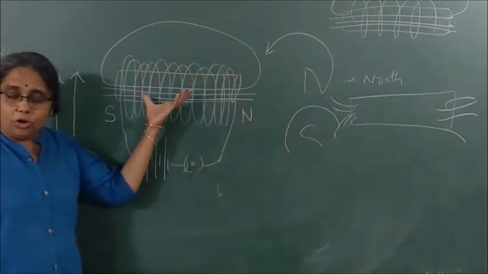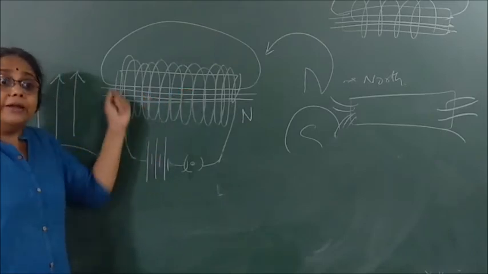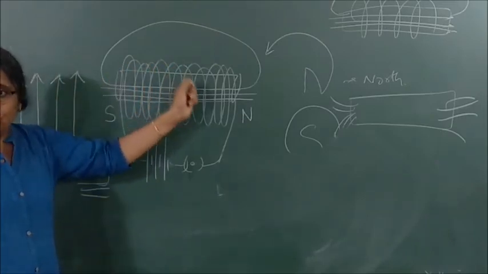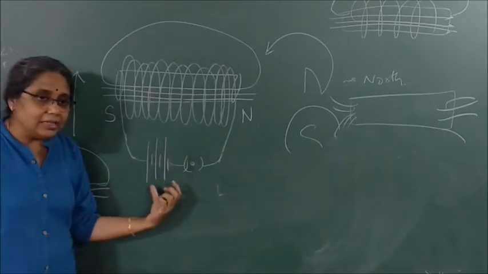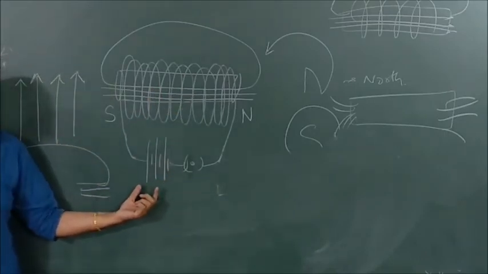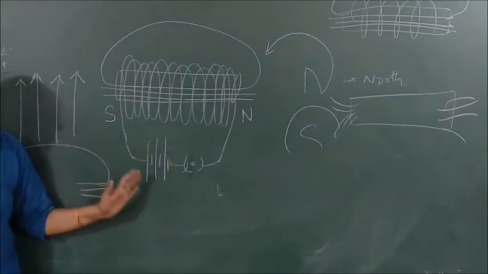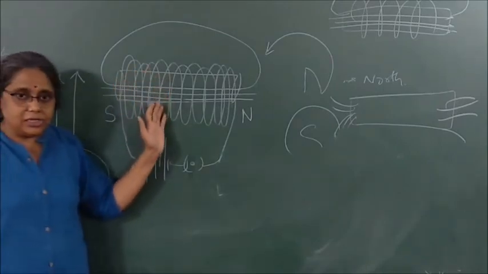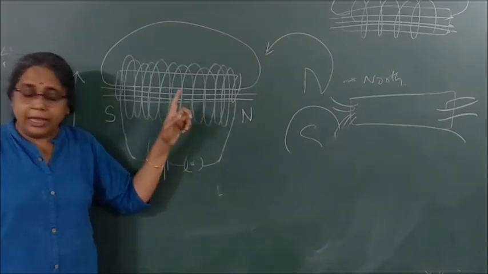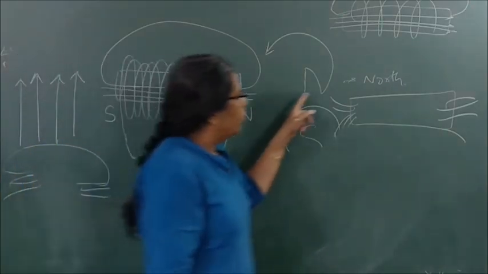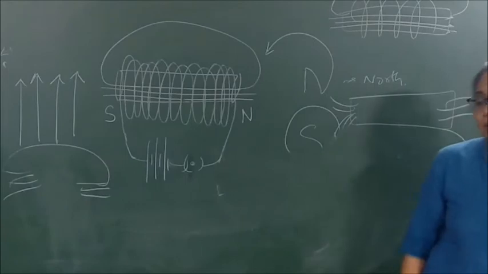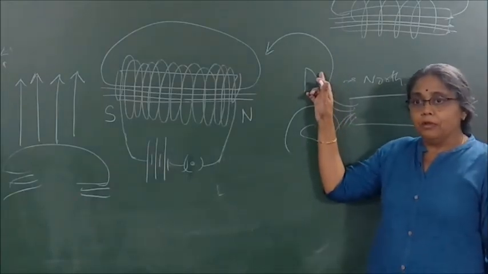So take a non-conducting material and wrap a number of turns of copper wire, and the two ends are connected to a cell or a battery using what key? A plug key. When you switch on the plug key, the current starts flowing. The end of the solenoid where the current flows anti-clockwise becomes what pole? North pole.